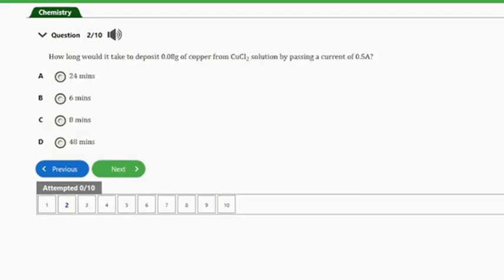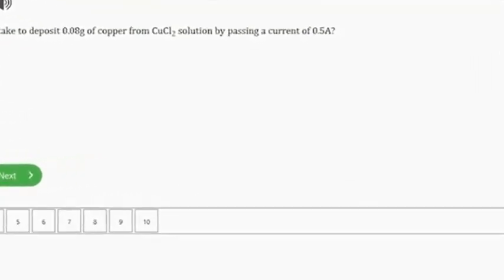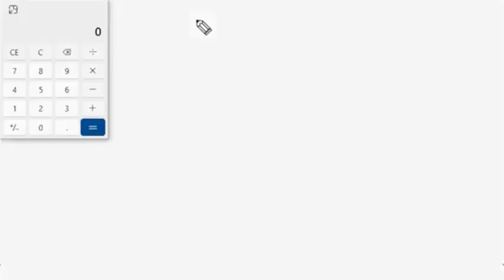Question number 2. So guys, question number 2 here says, how long would it take to deposit 0.08 grams of copper from copper chloride solution by passing a current of 0.5 amperes? All right, so guys, for this we're going to first of all show what happens here. So first of all, we know that since this is a positive ion, it's going to happen at the cathode.